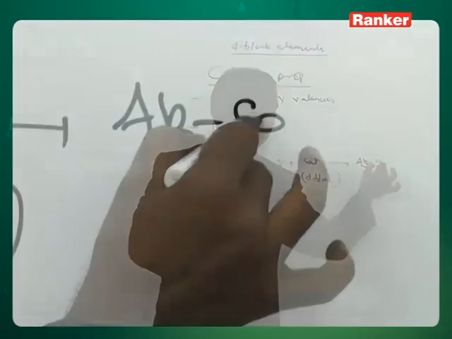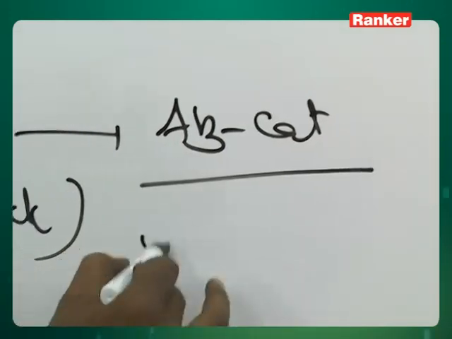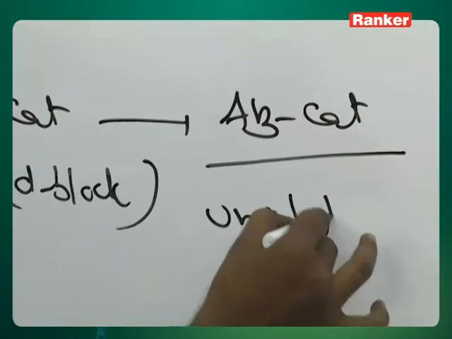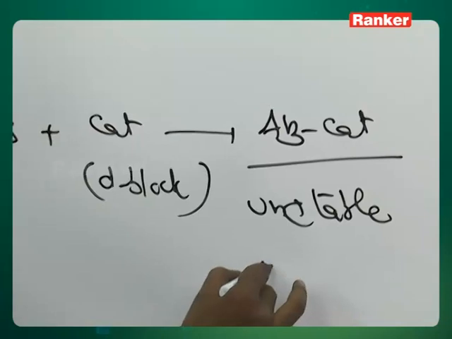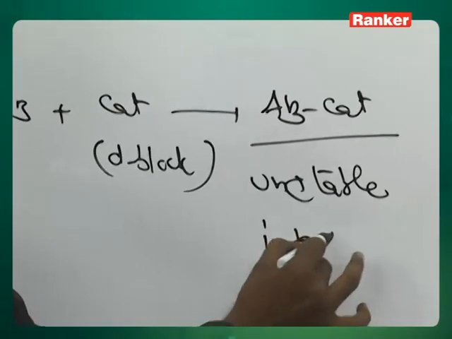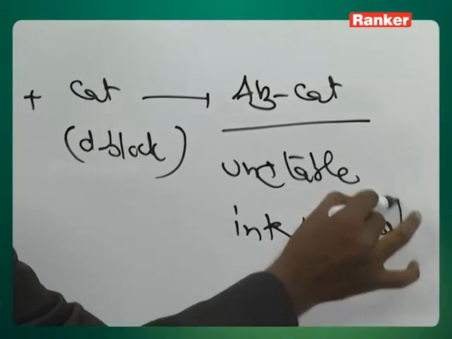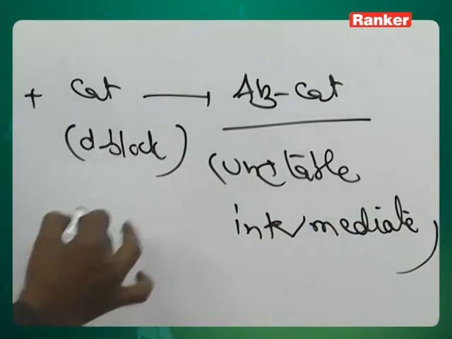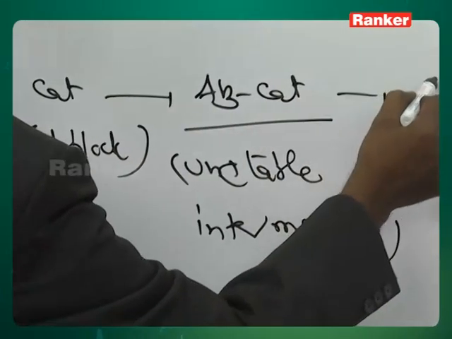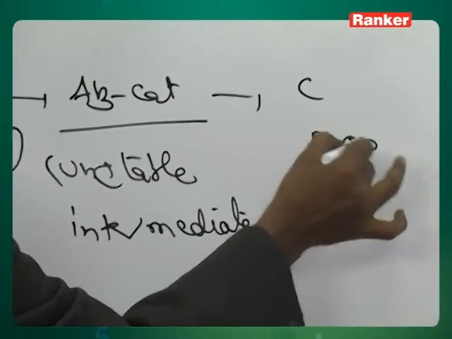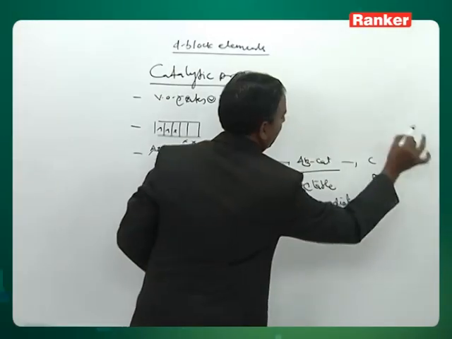What you are getting? AB catalyst, an unstable intermediate. Ultimately it decomposes and you get the C product, and again you get the catalyst.